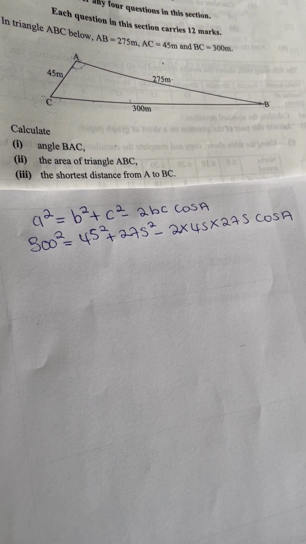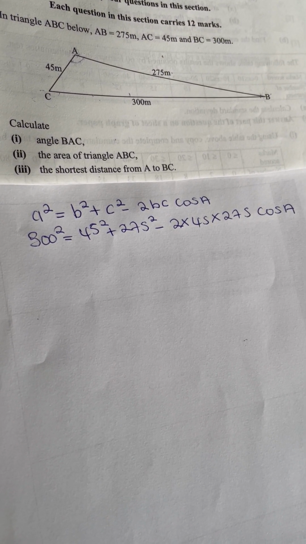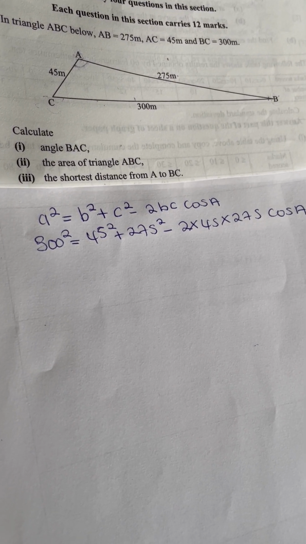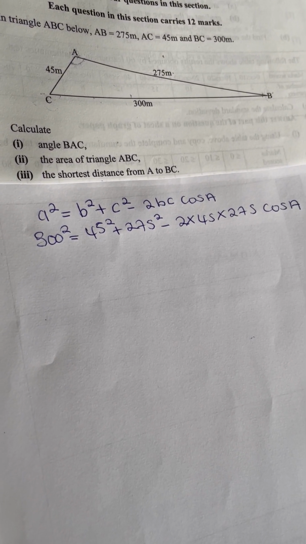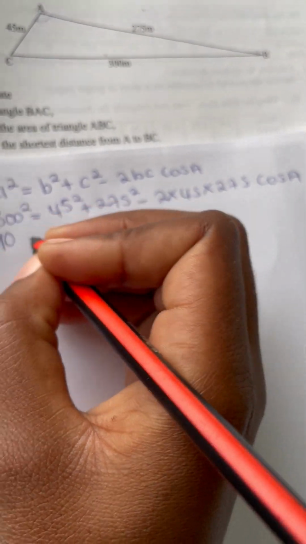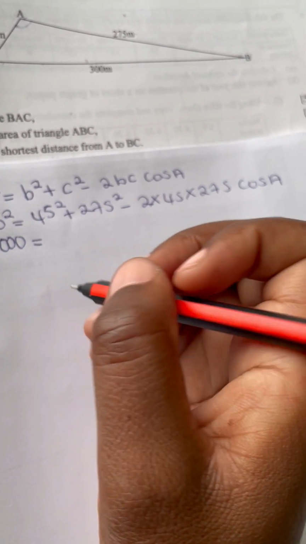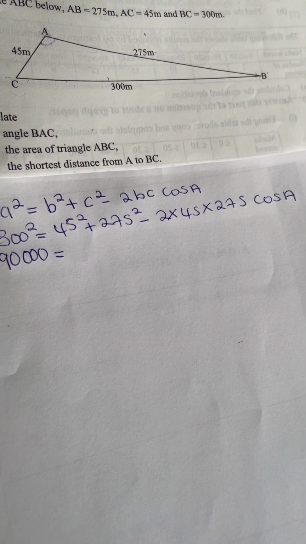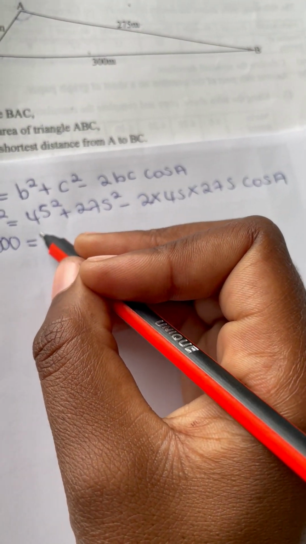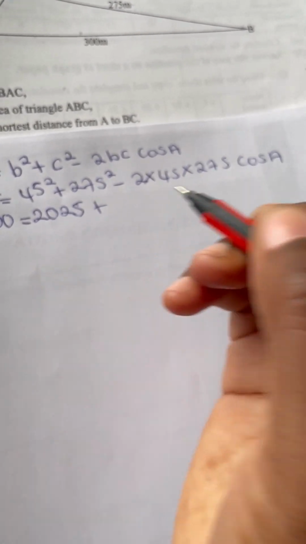Okay, very good. So we have something there, and so please feel free to use a calculator. This is paper 2. And so you punch on a calculator 300 to the power 2. What is 300 to the power 2? With me here, I'm getting 90,000. And then how about 45 to the power 2? So 45 to the power 2 is 2025 plus.